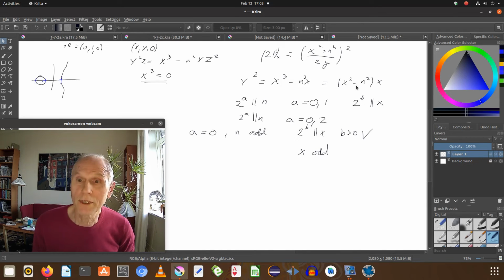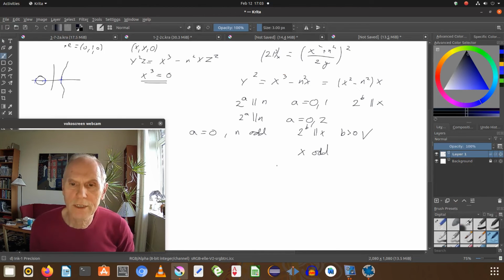It will be even, they are both odd, meaning y will be even, but then this can have a rather large factor of 2. Actually, any factor. So let's say 2 to the cth.